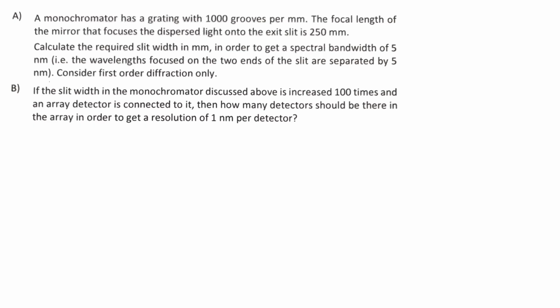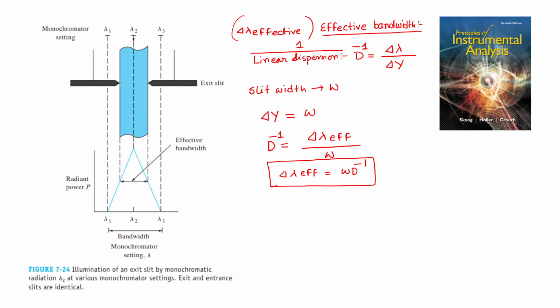That is, the wavelengths focused onto the two ends of the slit are separated by 5 nanometer. Consider first order diffraction only. So the spectral bandwidth of 5 nanometer is the effective bandwidth, because the wavelengths at the two ends of the exit slit are separated by 5 nanometer.